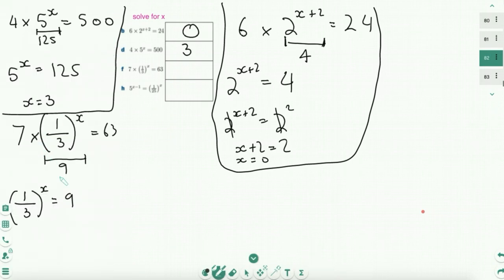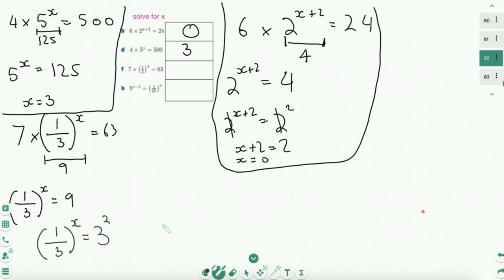Now let's find a common base. Our base here is 3, our base here is 9. Well, 3 to the power of 1 is 3, and 3 to the power of 2 is 9. So for the first term, it's just going to stay as 1 over 3 to the power of x. And 9 is basically 3 squared.